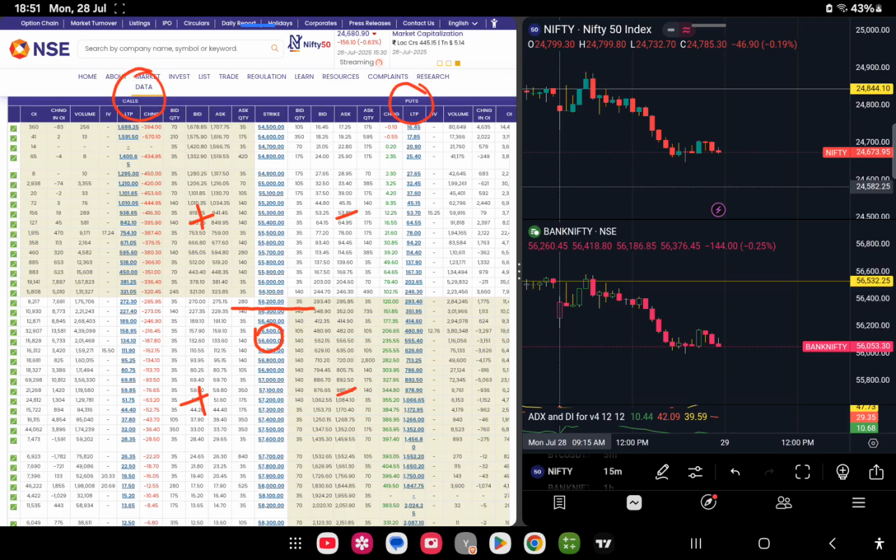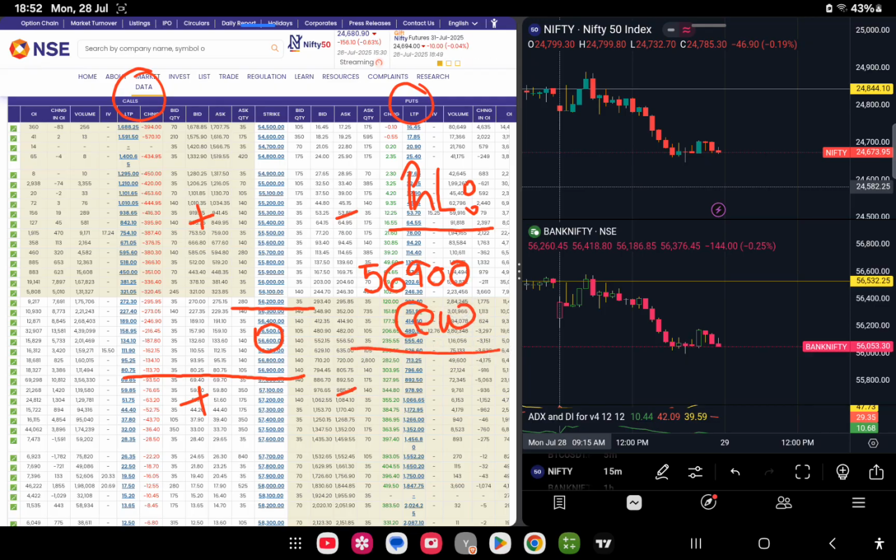Okay, so let's do the PNL calculation. I'm going to take the strike, this one, 56,900 call writing, which becomes the OTM here. One lot for Bank Nifty is 30 times the decay, the positive decay here.